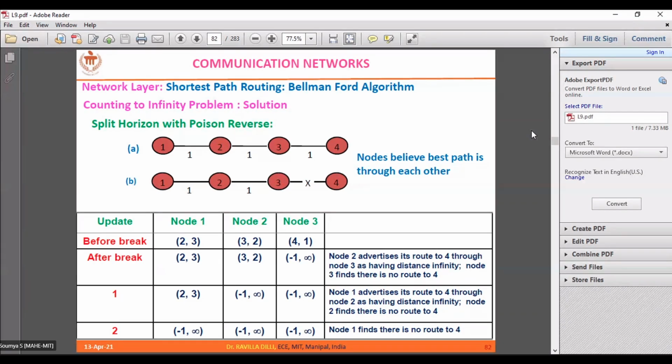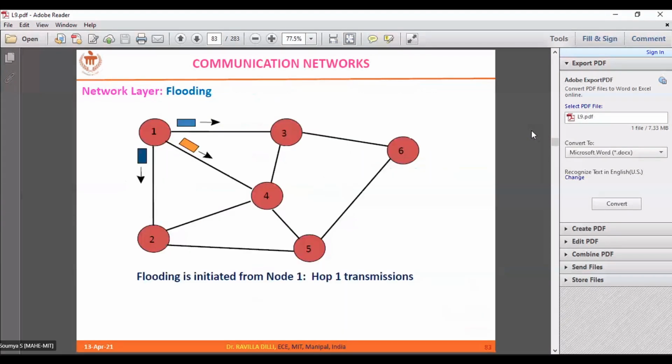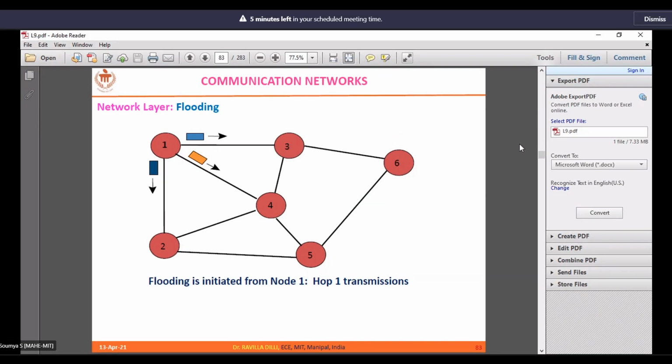Okay. Next. Now another concept in the network layer is that of flooding. What is flooding? Flooding is done to ensure that all the nodes in the network are definitely going to receive a particular piece of information or data from one node or the other.